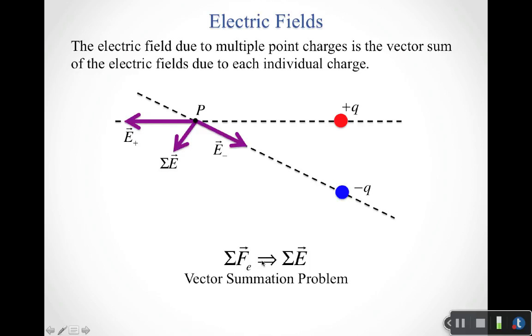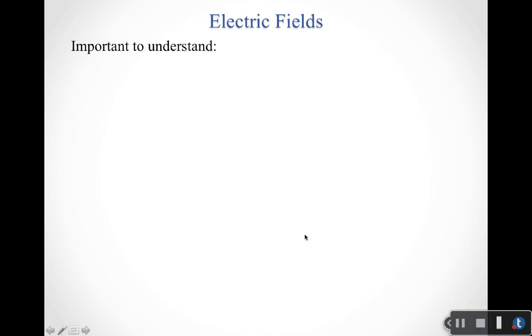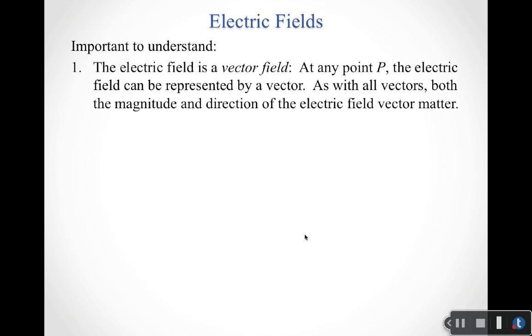This is just emphasizing that in the same way that the net electric force on some charge is a vector problem, the net electric field due to multiple charges is also a vector summation problem. And so we just need to add together the electric fields as vectors. All right. So the critical things that we have to make sure we come away understanding here. The electric field is a vector field.